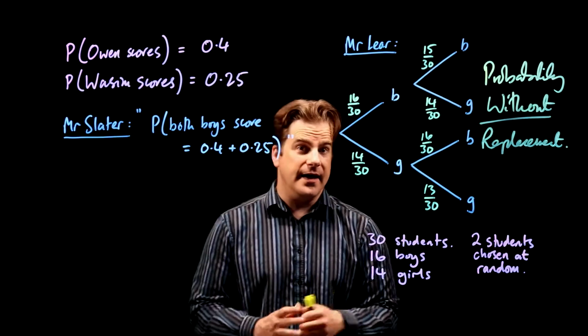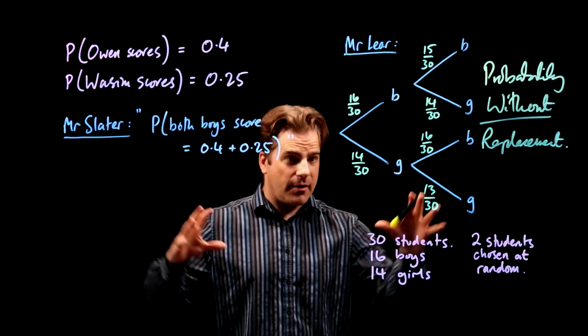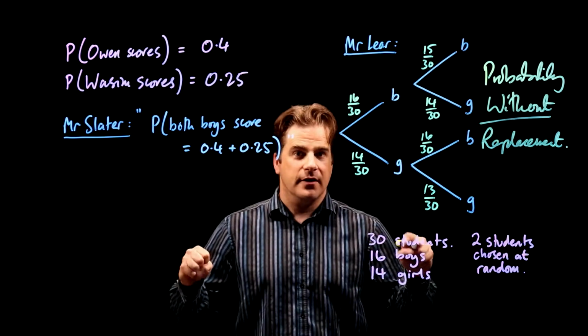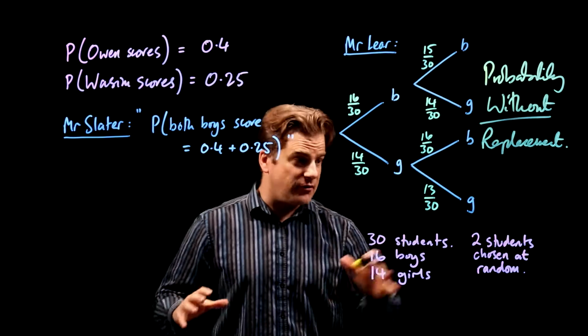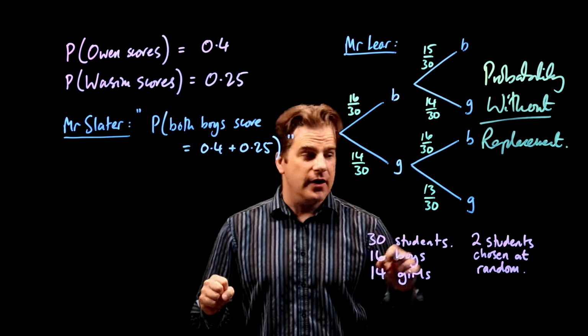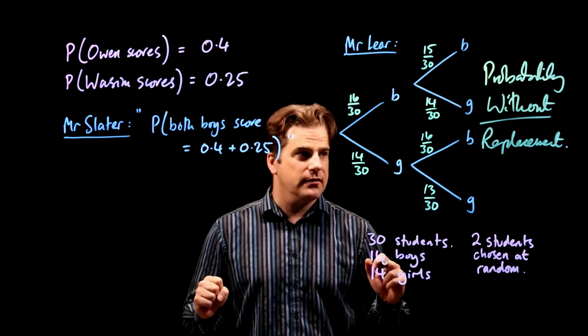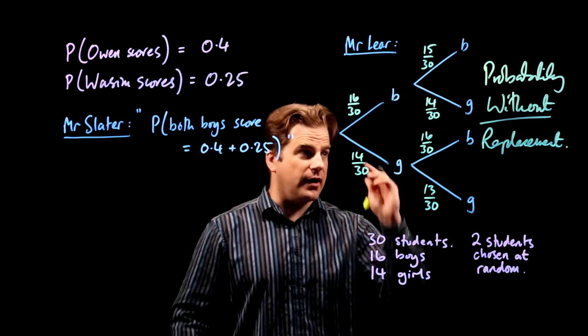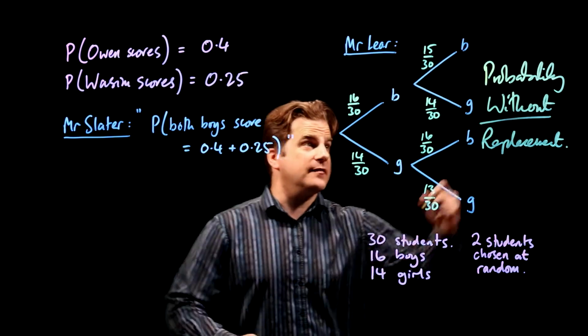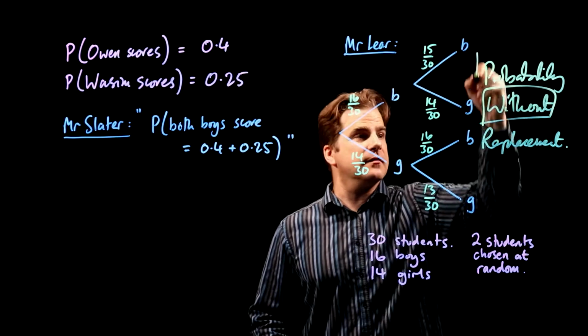Again, even though you're grabbing 2 students at the same time, it's the same as grabbing one and then grabbing the other and not putting that first one back. Very important to realise that, which means it's probability without replacement.